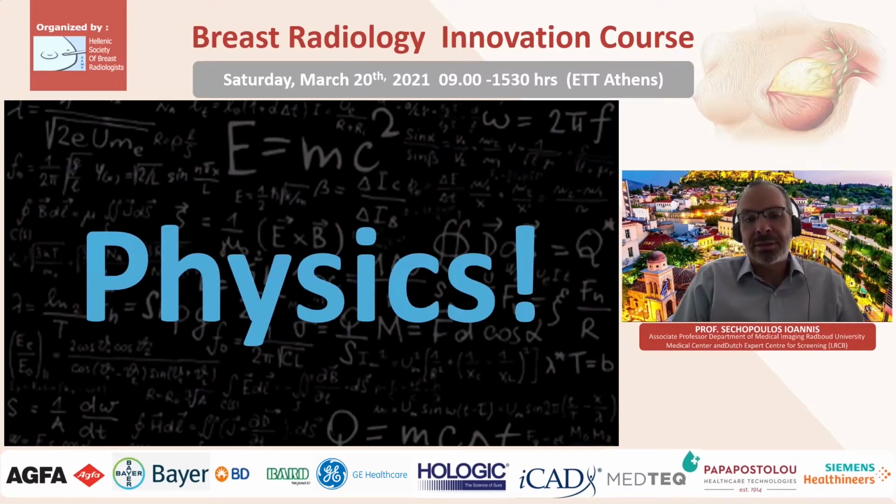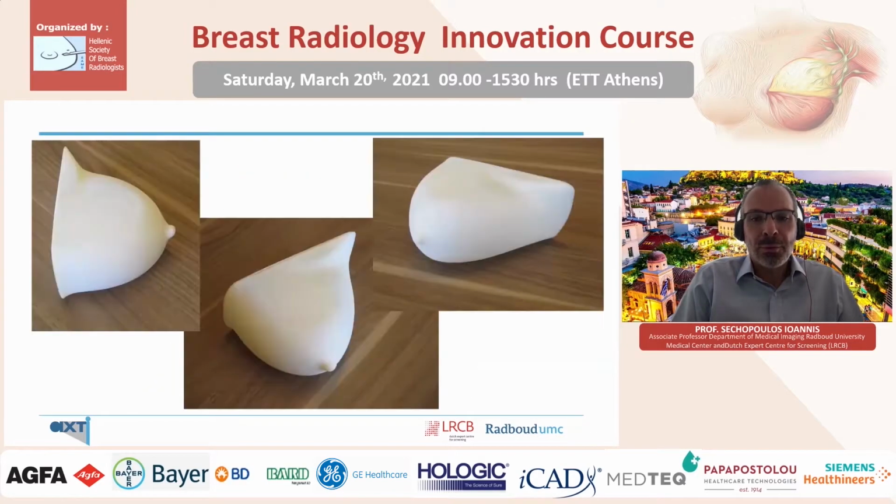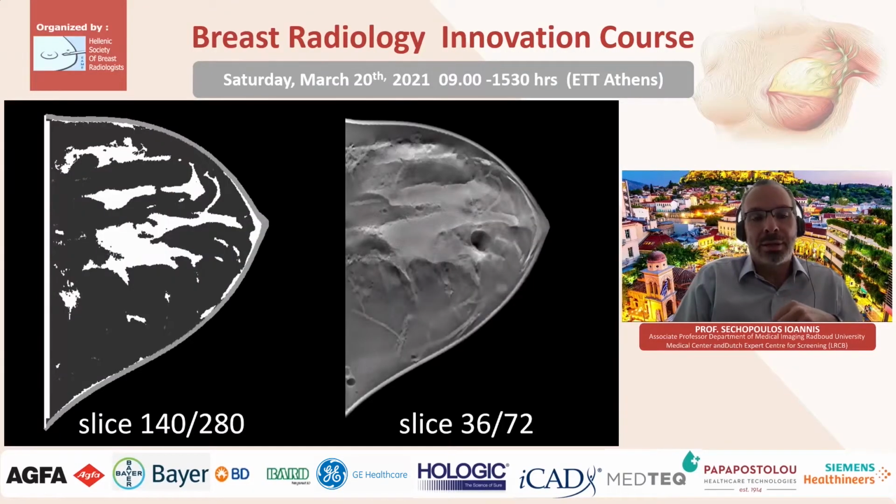Now I'm a physicist, I'm not a breast radiologist, so sometimes I do use physics to solve problems. One of them I want to talk about is that thickness and separation is not the same thing. What I mean is that if you take a breast phantom like this one, a 3D printed breast phantom in my laboratory that inside has a breast structure based on a patient's breast CT scan.